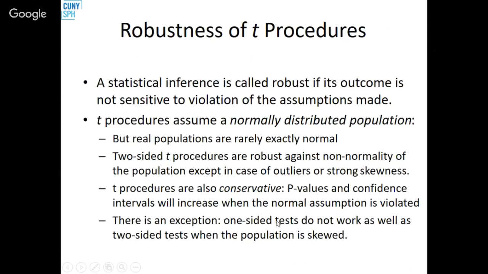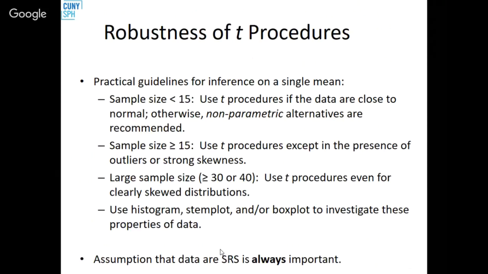There is an exception that the one-sided tests, where you're just doing inference using one tail of the distribution, don't work as well as two-sided tests when you have a skewed population. Those are really rare that you're going to do one-sided tests. I will talk about them some more once we get to hypothesis testing.